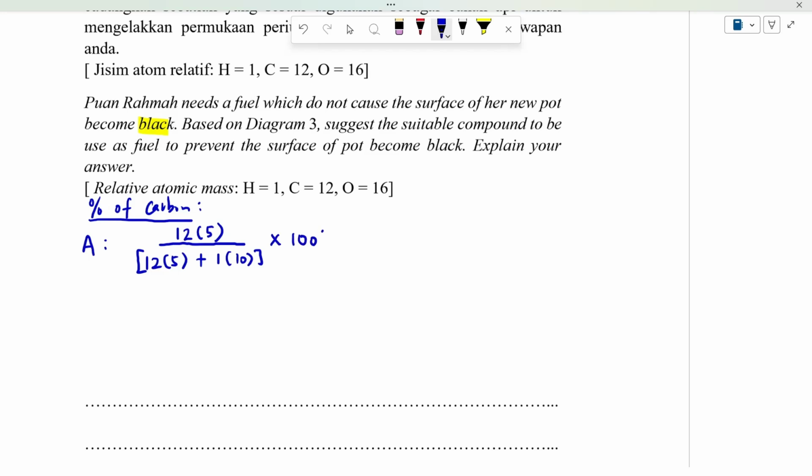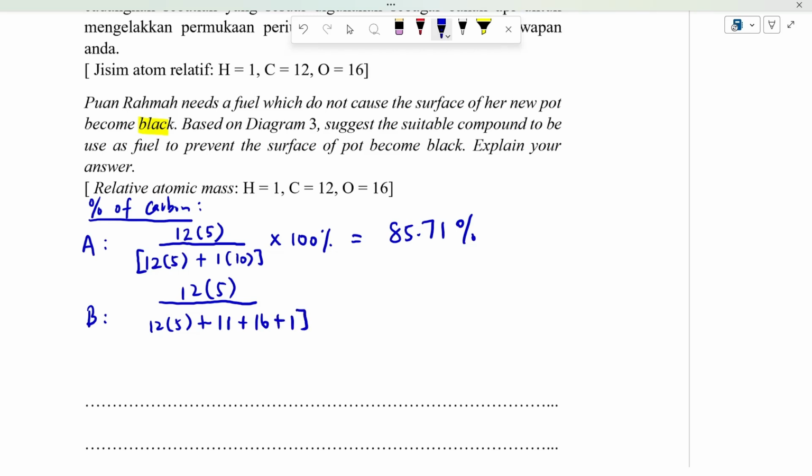Times 100%. How many percent? 85.71%. How about B? Also 12 carbons, plus 5 times 11 plus 11 plus 16 plus 1, right? Times 100%. So how many percent?